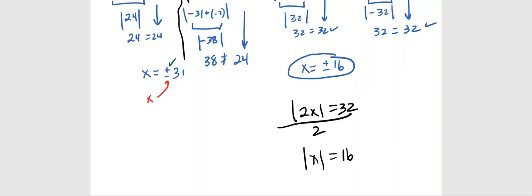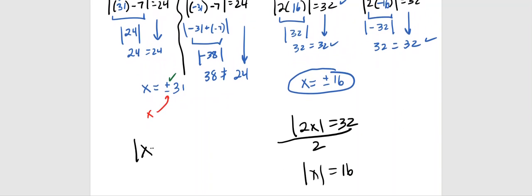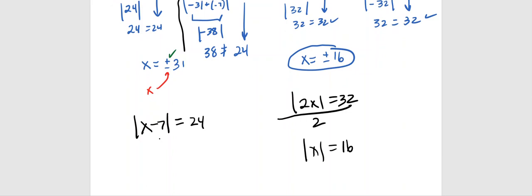And it seems to be that's the same logic that you used on the other equation, absolute value of x minus 7 equals 24. It seems that what folks were doing is adding 7, focusing on this idea of isolating the variable, and they got 31, and the same logic applied. Well, if some number is 31 away from 0, it should justify that it is either 31 or negative 31.